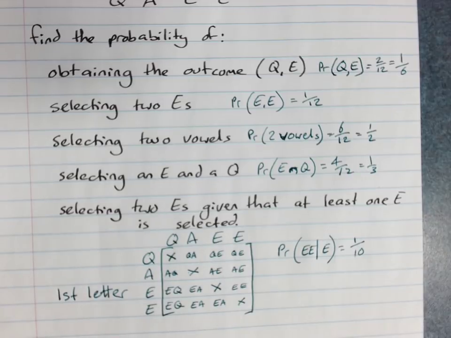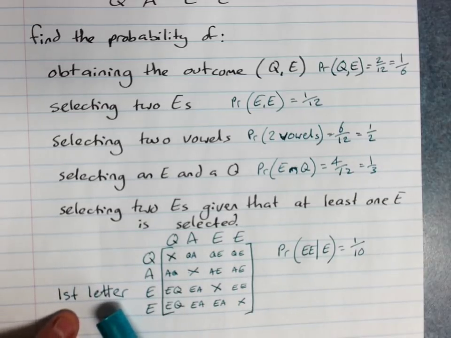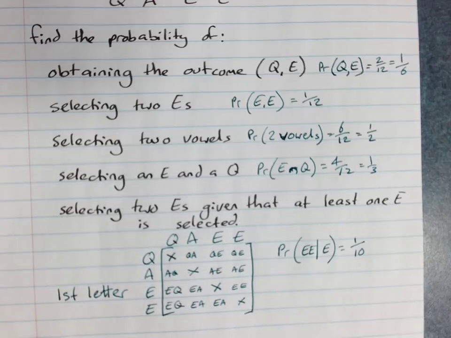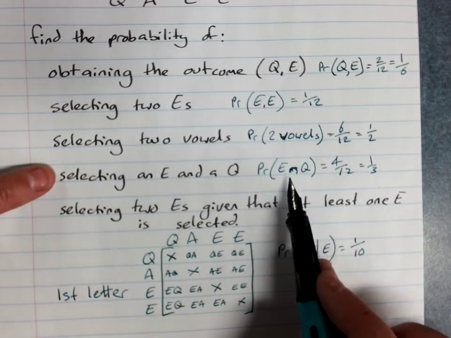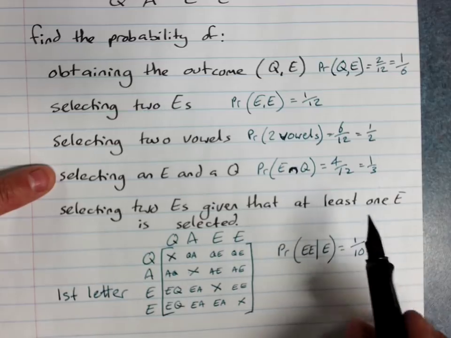So you need to think about your table as, is there replacement or is there not? You need to set up your table with the first thing that happens and the second thing that happens and list the outcomes that are available to you. And you need to be careful as to whether you're using the language and or. So if I'd asked here the probability of getting an E and a Q, you're using the intersection.